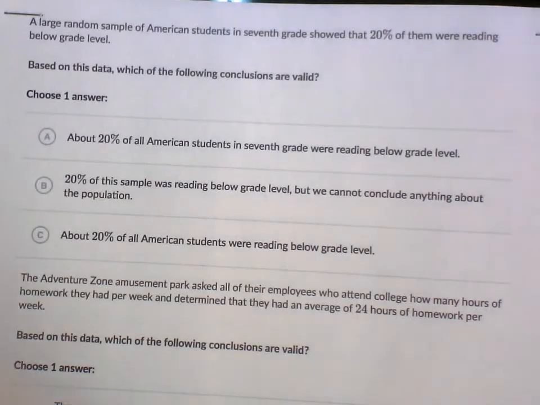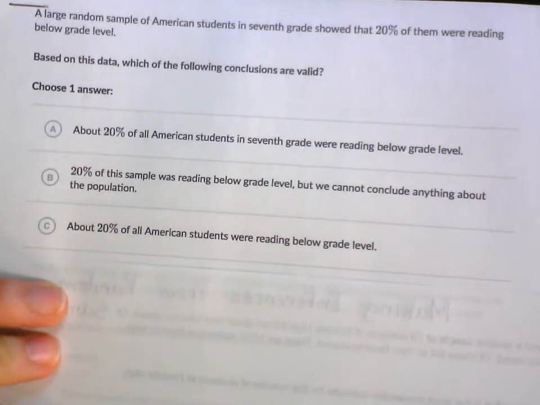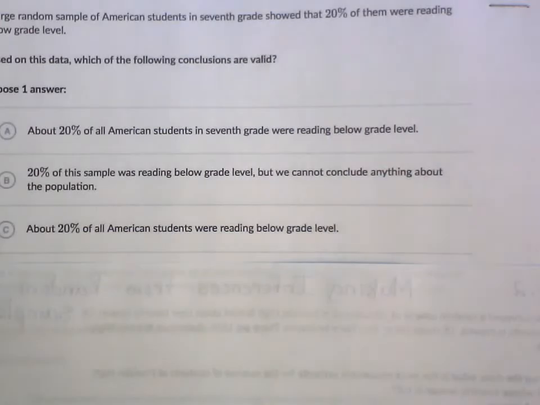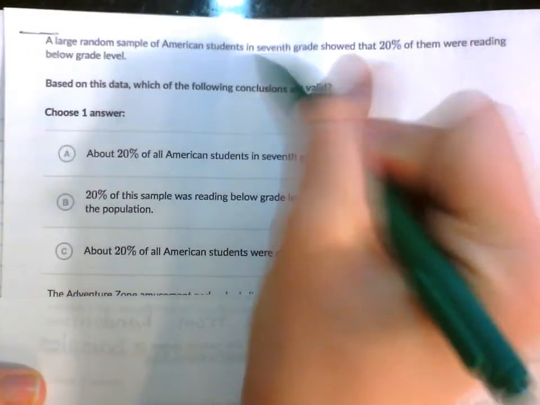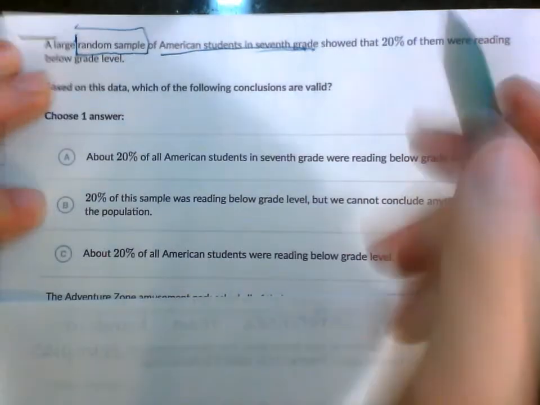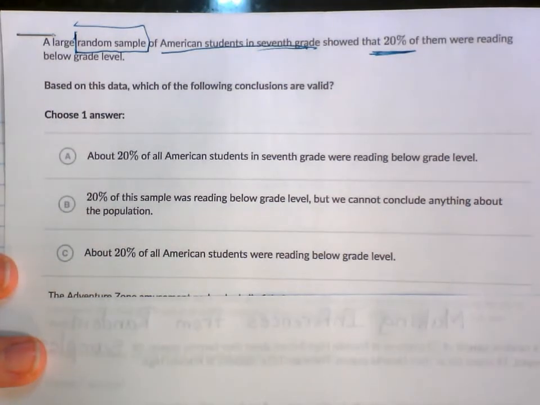Okay, so now we're going to try. They're still valid claims. It's still the same standard, but it's different types of questions that you'll still see on Khan Academy. So we're going to go over these 3 types. A large random sample of American students in 7th grade, so American students in 7th grade, random, love it, showed that 20% of them were reading below grade level.